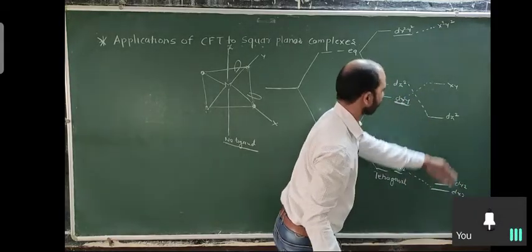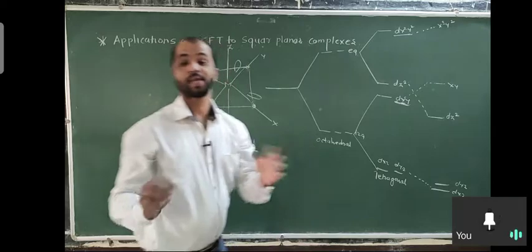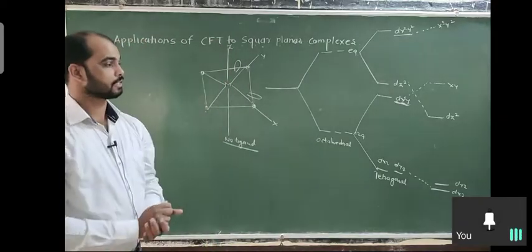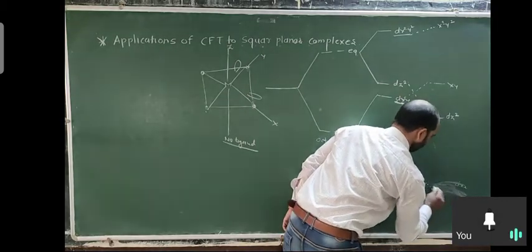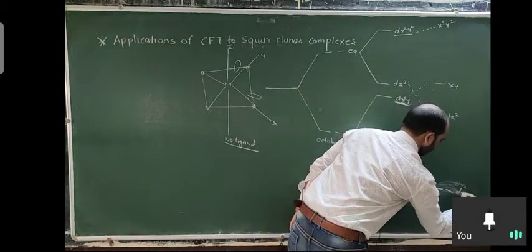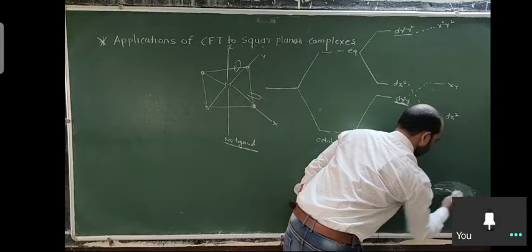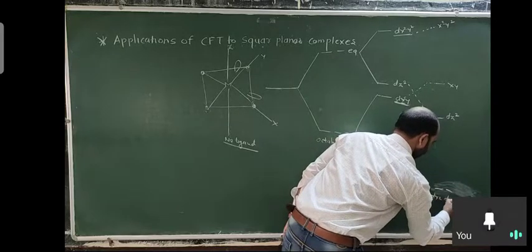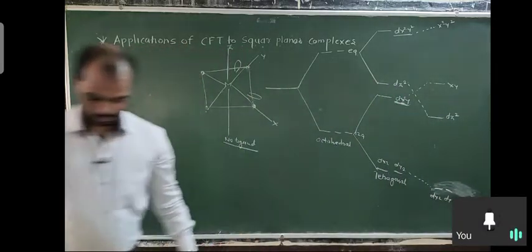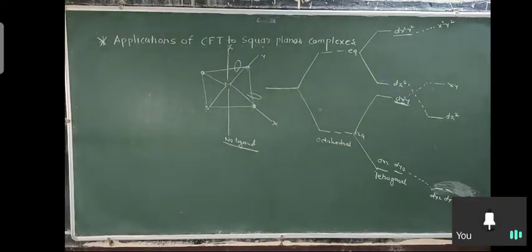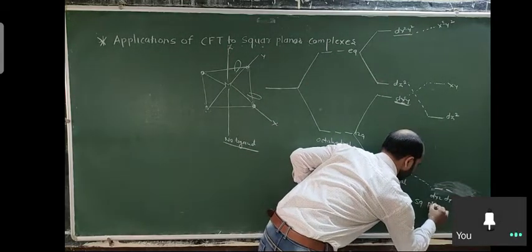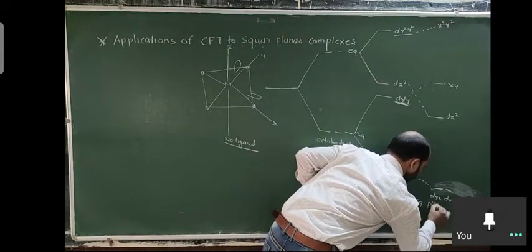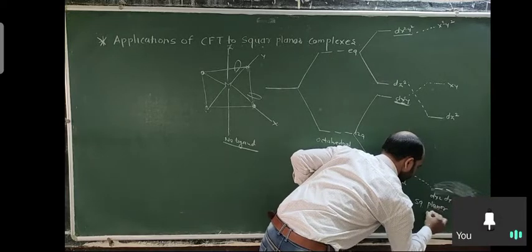So this is the order which is found in square planar complexes. In square planar complexes, these are the same, these are degenerate, not different. You can write it this way, dxz dyz. Okay, दिसतंय तुम्हाला dxz and dyz. So this is the order in square planar complexes.